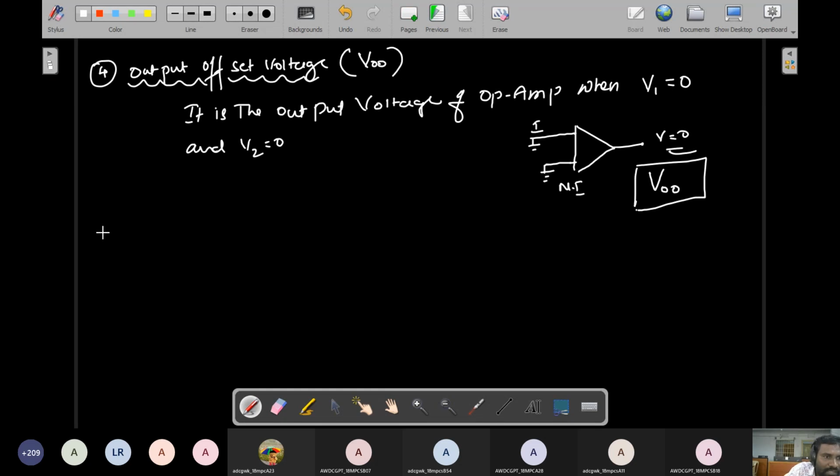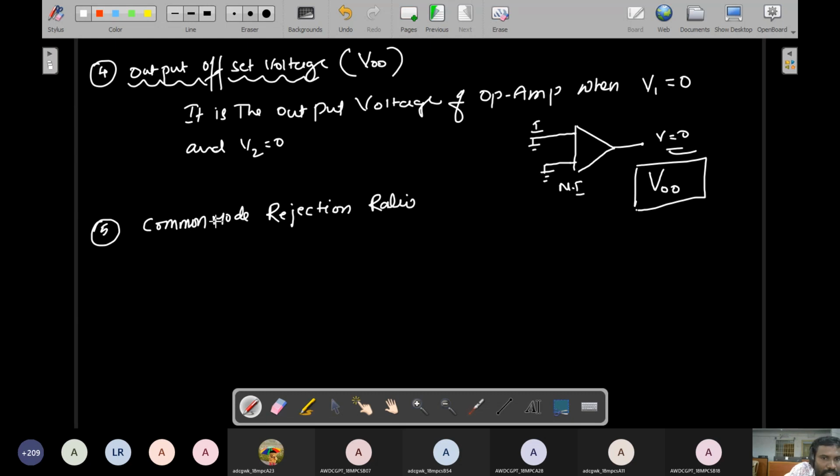And the fifth one is a very important definition. Generally this definition is asked many times in exams. This is called the common mode rejection ratio.